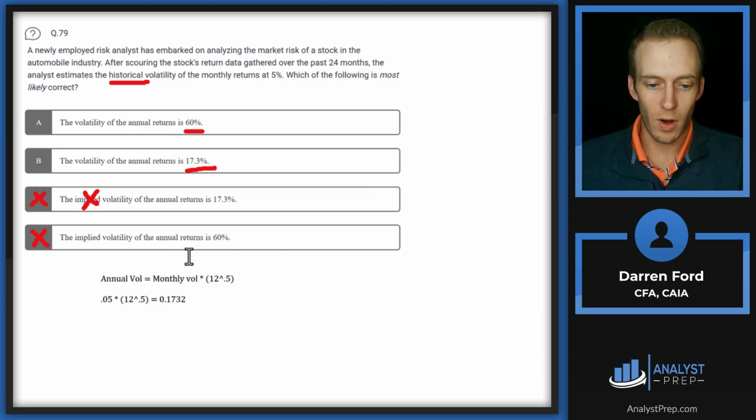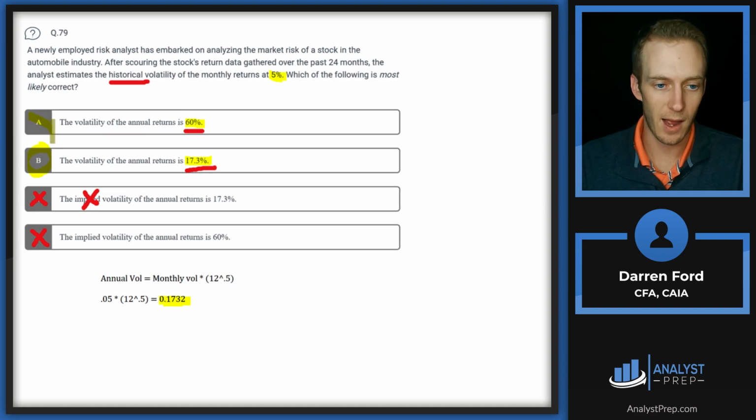To calculate annual vol, it's going to be equal to our monthly vol times the square root of 12. So we're given monthly vol at 5%, and we're going to multiply that by the square root of 12, which gives us 0.1732 or 17.3%. So this is going to be answer B. You would have gotten A if you straightforward multiplied that 5 by 12, which is not how we want to annualize volatility.